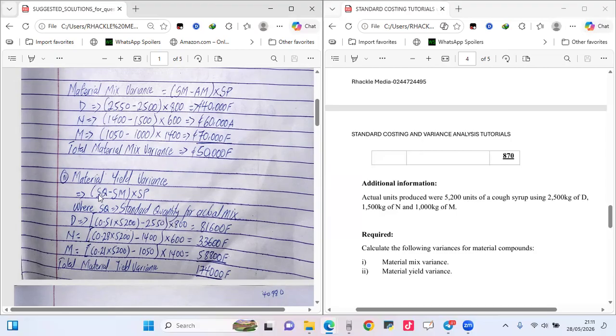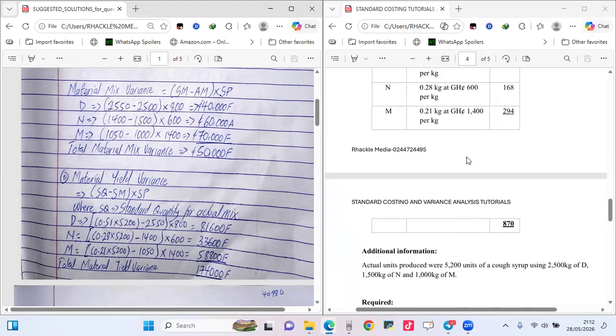So it is given by the formula: standard quantity for actual mix minus the standard mix times the standard price. All right, so here we are going to do for D. Now what we have to do is apportion all the quantities that will be used per unit.